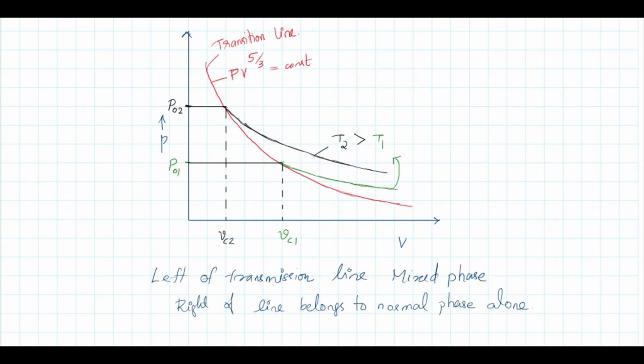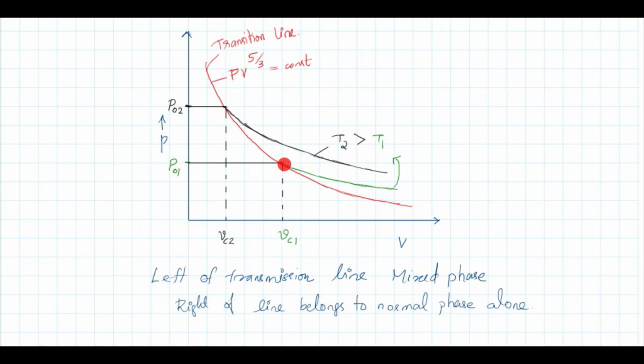So you can look at this plot. This red line shows the transition line and is the graph of P Vc raised to 5 by 3 equal to a constant. If you take a particular point for which the pressure is P02, then the corresponding volume we can term as Vc2. Then P02 into Vc2 raised to 5 by 3 will be the same as P01 Vc1 raised to 5 by 3.